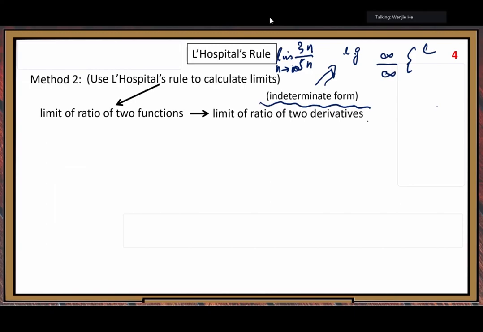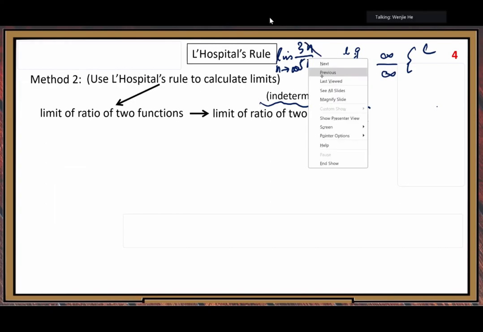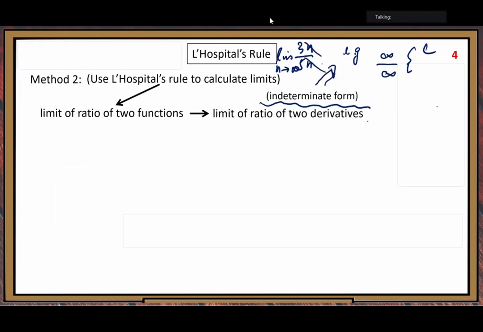That's the meaning: when n goes to infinity, the numerator goes to infinity, and the denominator also goes to infinity. So that's indeterminate form. But we can cancel out n and n, so the result is this constant C.